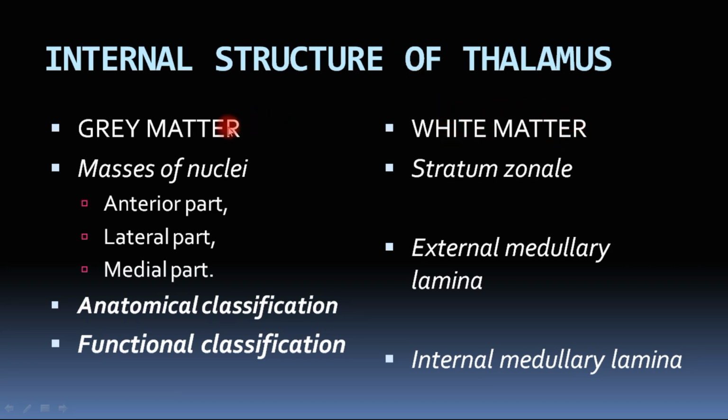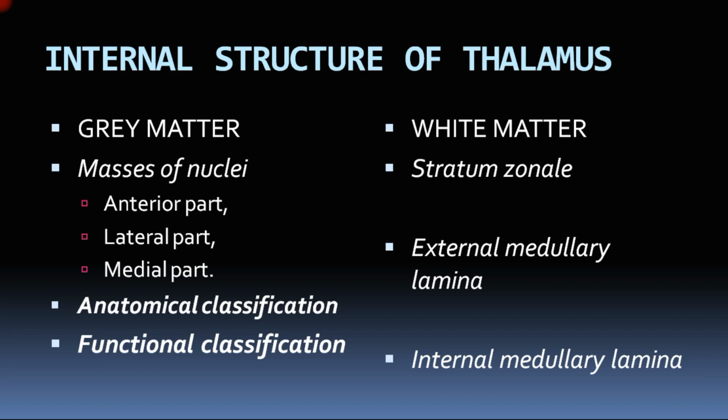When we see gray matter, we will study that there are masses of nuclei inside the thalamus. There are different nuclei which form the gray matter of the thalamus. These nuclei are divided into anterior, lateral and medial parts, as we will understand in the diagram.